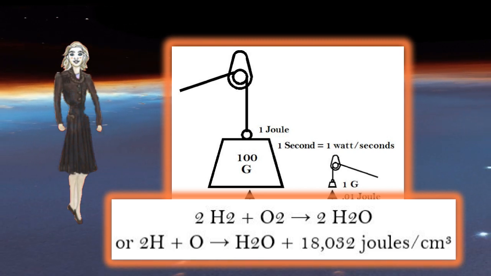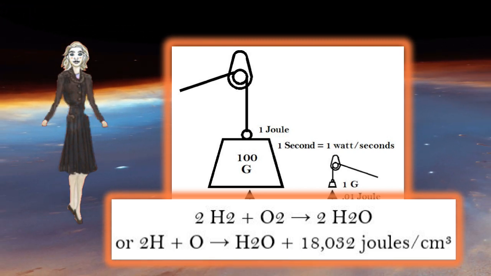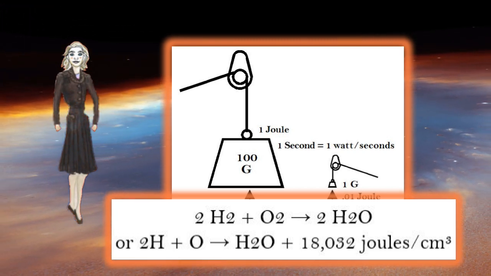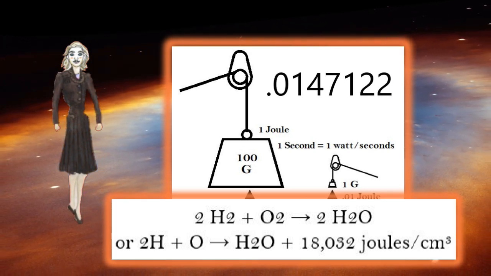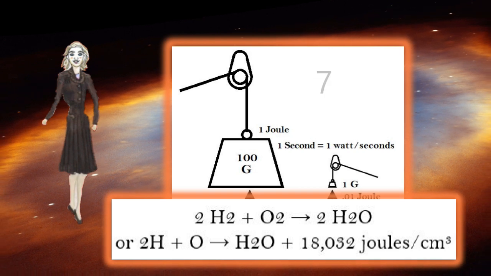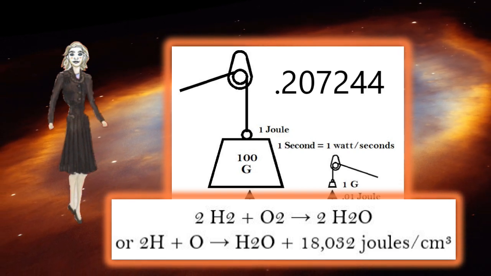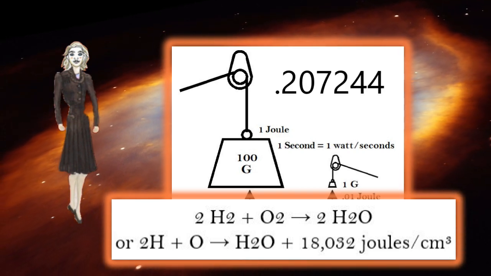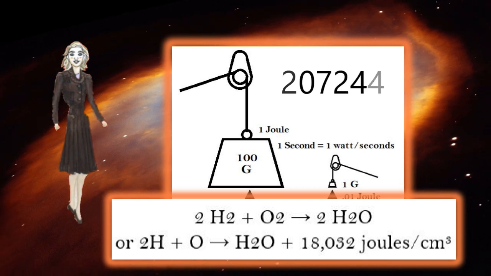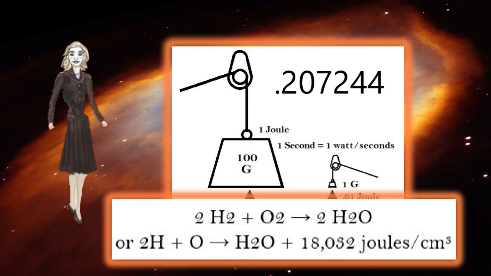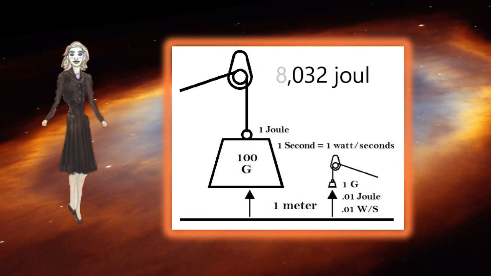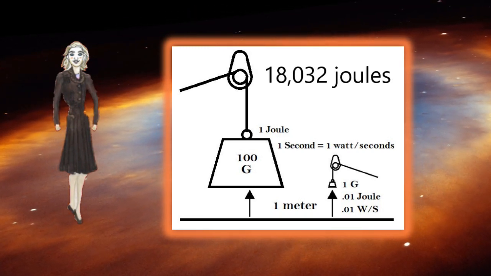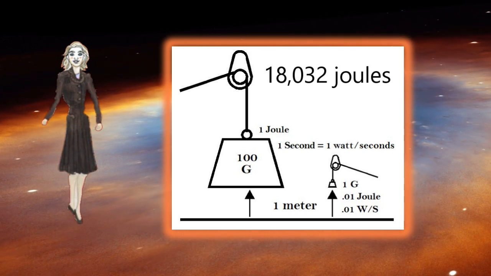Since 1 mole of hydrogen equals 1 gram, for this experiment we used only 0.0147122 grams, which is 0.207244 of a cubic centimeter of hydrogen. Which means we expect 0.207244 of the energy to be released. As stated before, the energy is 18,032 joules per cubic centimeter.